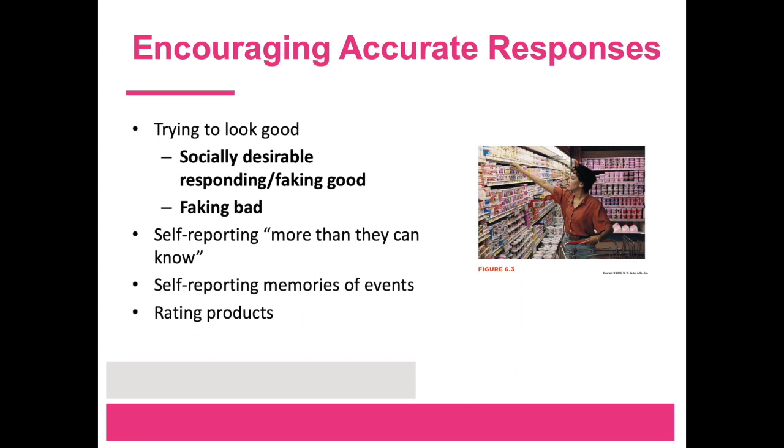So sometimes we have this shortcut in our mind that we actually understand things better than what we do, or we know more than what we could possibly, and so we might actually go with that and report that we actually know more. Also, reporting memories of events. Memories are notoriously variable. They're not concrete. And so when they're self-reporting memories of events, they can have biases, positive or negative, towards that memory that makes it less valid.